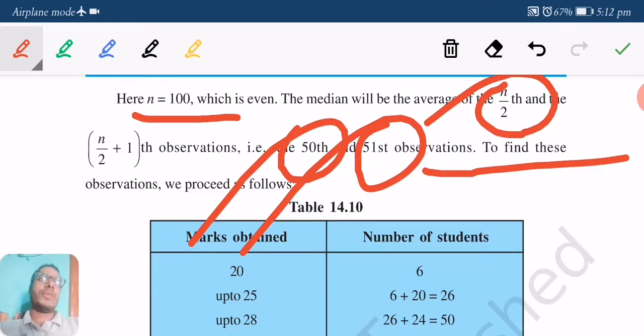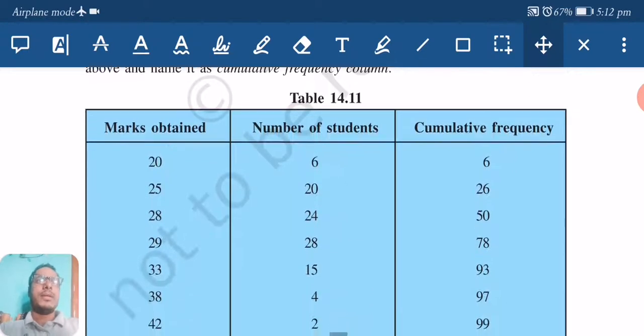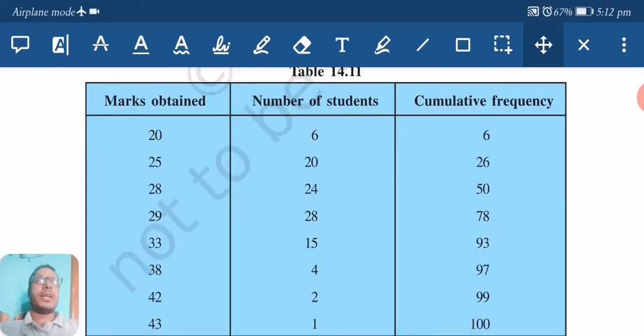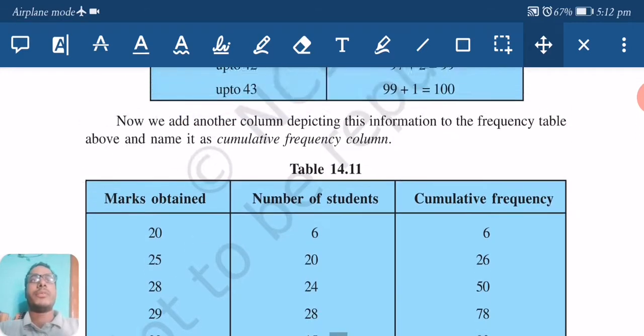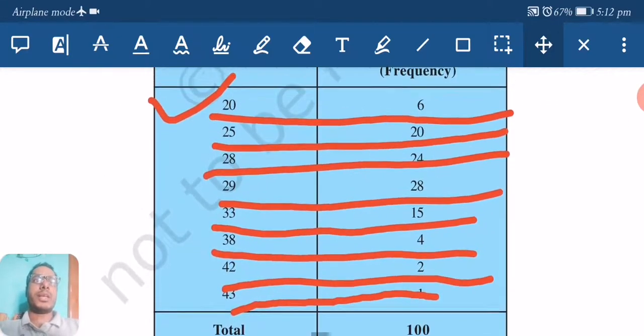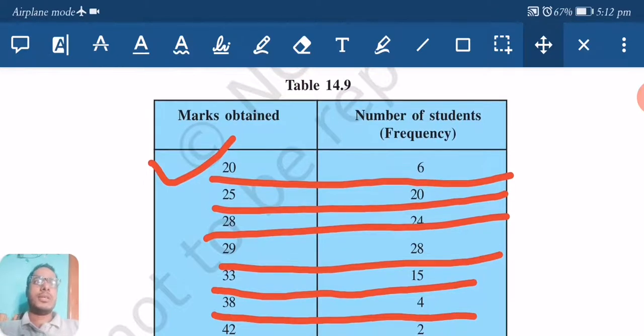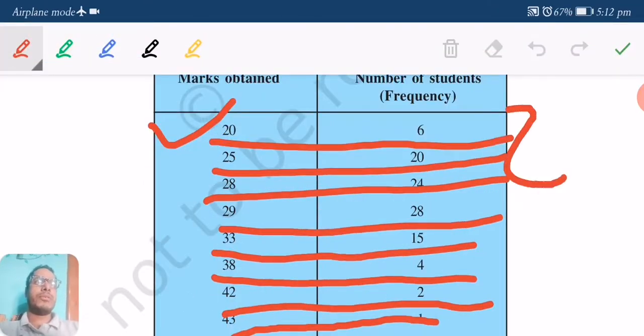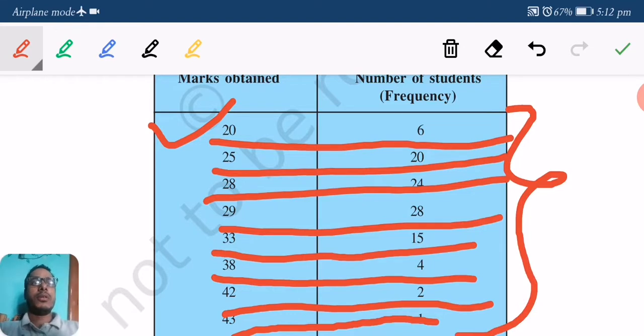First of all, we need to find out what the 50th observation and 51st observation are from the given table. Let's see how we do that. In order to get that, we need to find the cumulative frequencies. Because if you look at the frequency column in the frequency distribution table, do you see anywhere written 50 and 51?